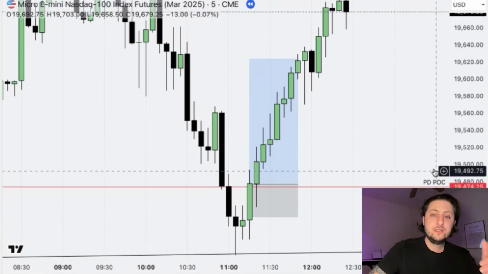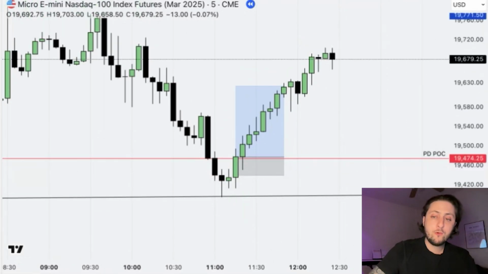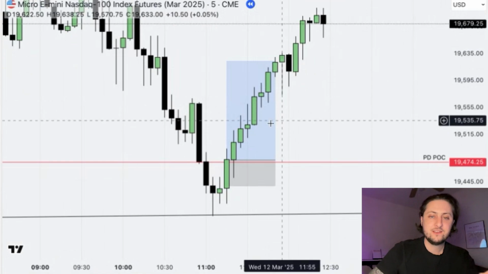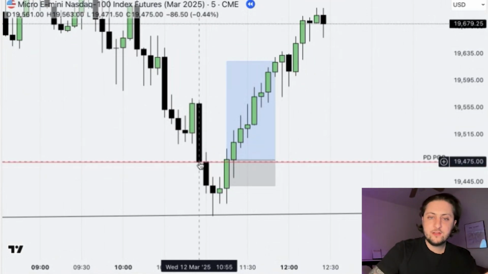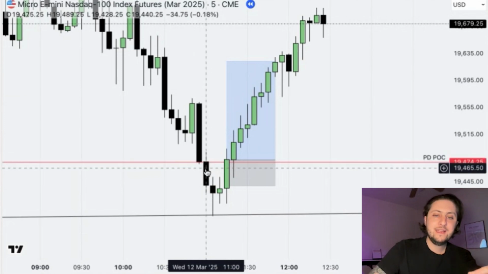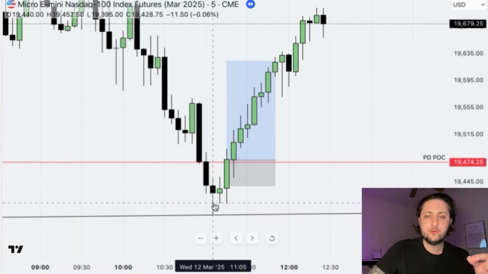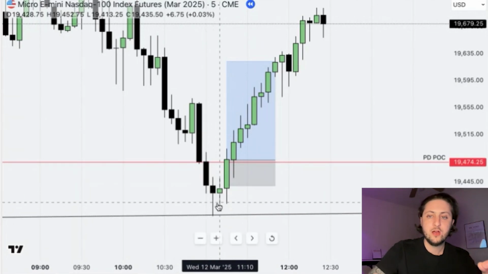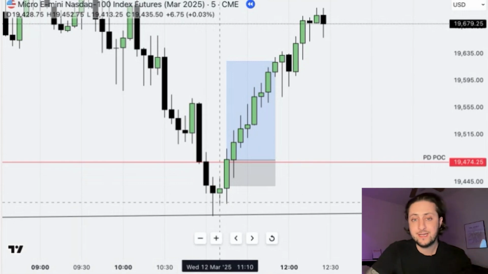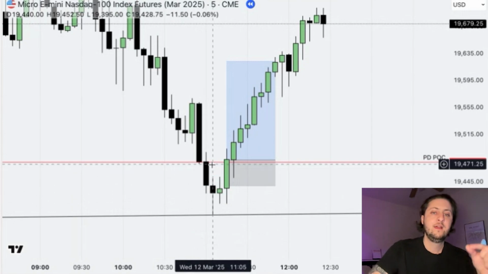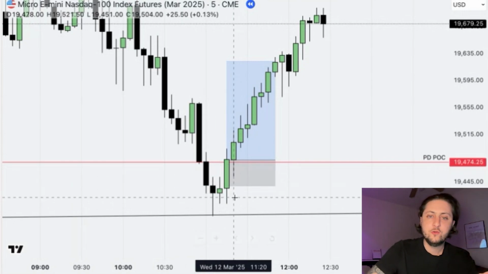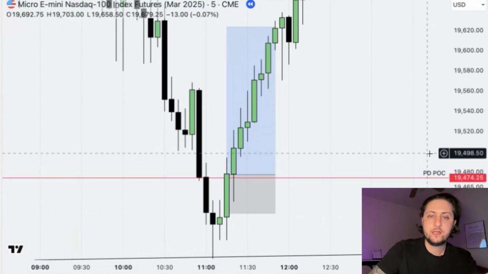This is why entry techniques, while they're not everything, it is important to have one that works. So instead of getting long here and just hoping, saying I'm just going to get long at the point of control, I wait. This is what we were talking about on stream. We waited, we got 2 more bearish 5-minute candles below the point of control. And this is what I was telling my team on ASFX TV: we can't get long yet until we break back above the point of control.